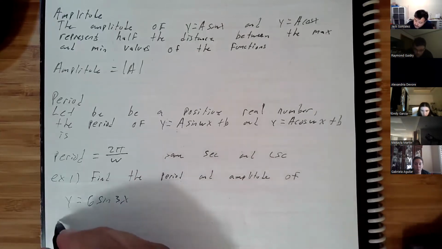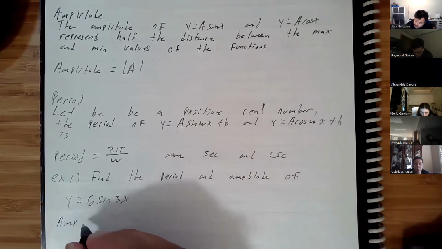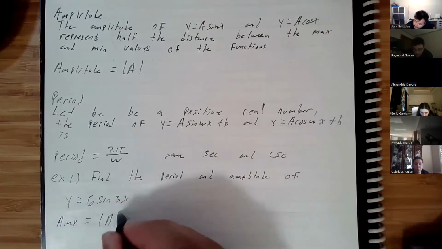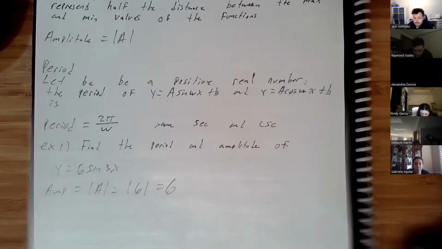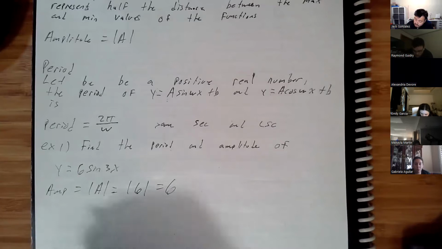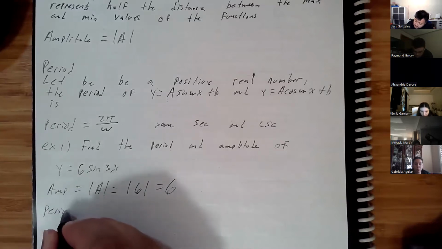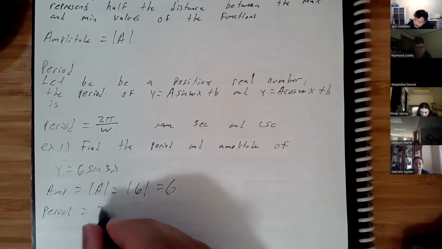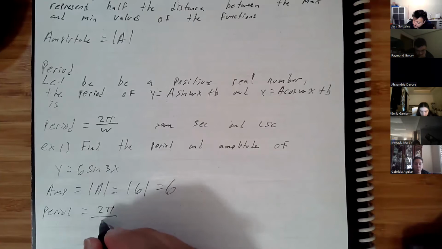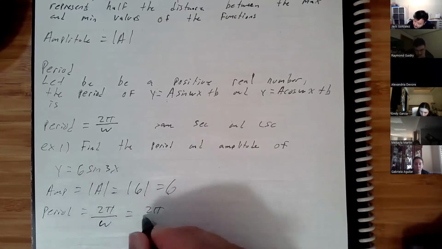Right, so amplitude is equal to the absolute value of a, which is the absolute value of 6, obviously 6. Period, we said it's going to be whatever is on the x divided into 2 pi. So you do 2 pi divided by omega, which is 2 pi divided by 3.